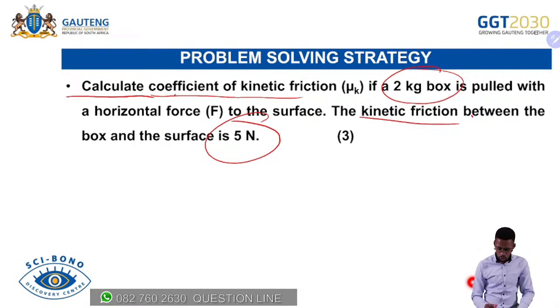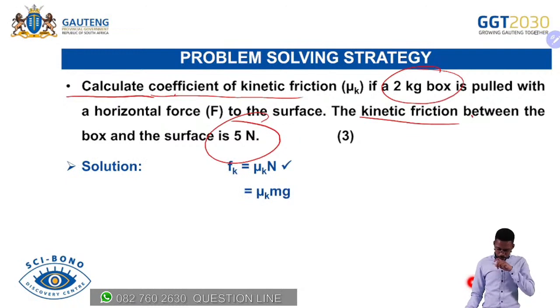So it means you are going to use this equation that says kinetic friction is equal to the coefficient multiplied by the normal force. So this is the formula that you'll use. And what is our normal force? On the horizontal, normal force is equal to the force of gravity.